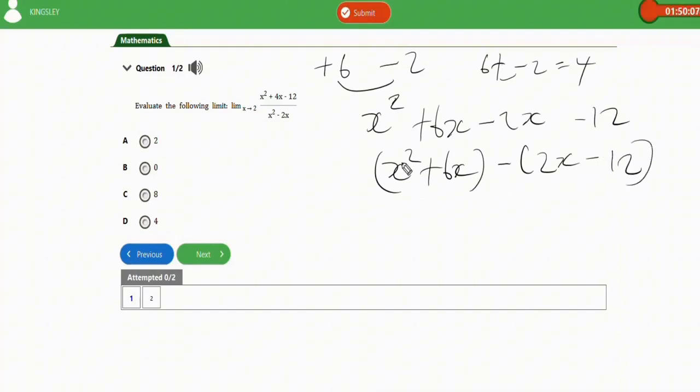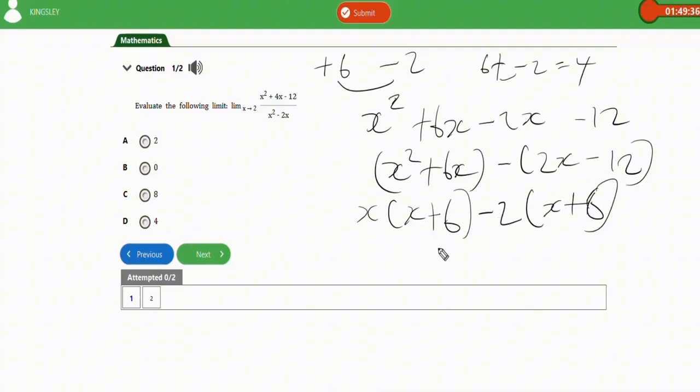So when you factorize this, you're going to have x in bracket x plus 6, minus the common factor of 2 in bracket x plus 6. Note that when you multiply negative 2 by what you have inside, you get back to what you have here.